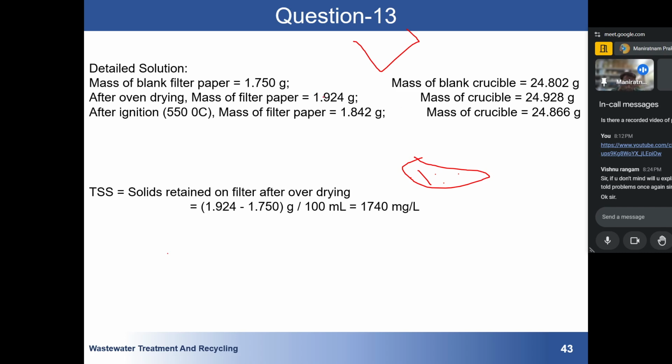Now if I keep it at, suppose, 550 degrees Celsius, all the volatile solid will vaporize, and the remaining will be fixed solid that cannot be vaporized. So the difference of these two will give us the concentration of volatile suspended solid.